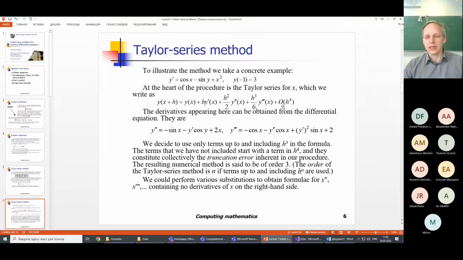The terms that have the power of h power 4 or higher.